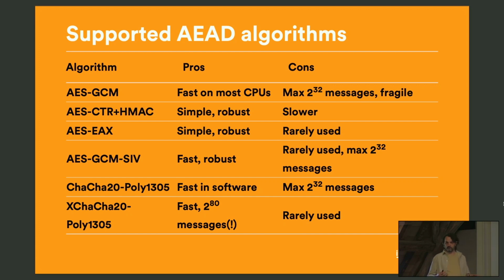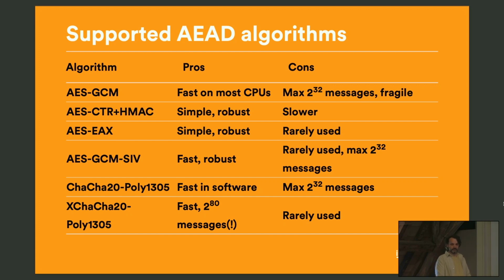If you repeat one of those nonces, numbers used once, then it fails really quite catastrophically. You can recover the authentication key and forge messages, and you can also recover information about the messages that are encrypted. But again, because Tink is hiding that for you and generating random ones, you're much less likely to accidentally encounter that. So even though it has that corner case, it's solved for you.